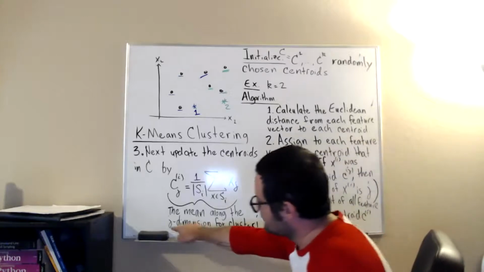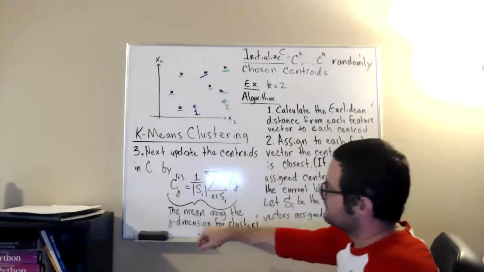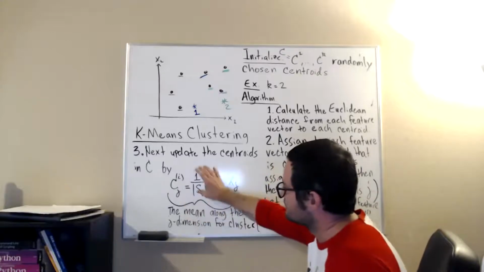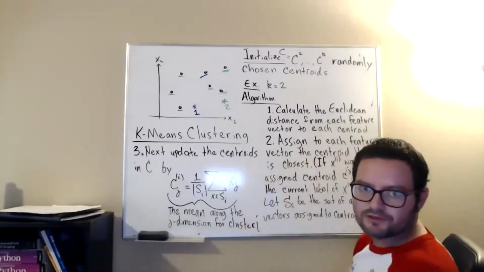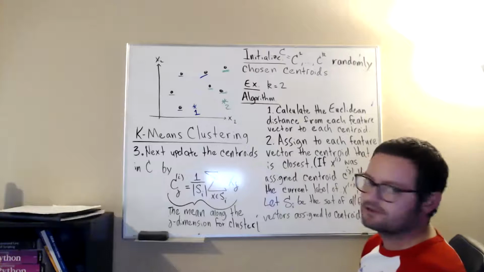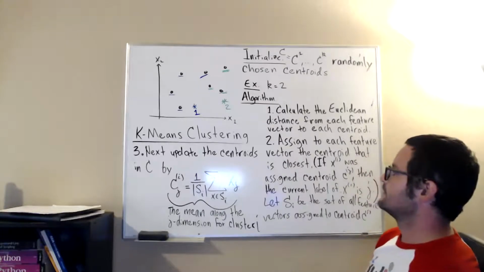So along each of the entries in your vector, you update that entry by taking the mean on that dimension for all the points in that cluster. Okay.